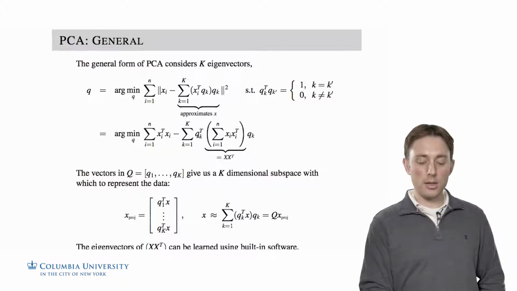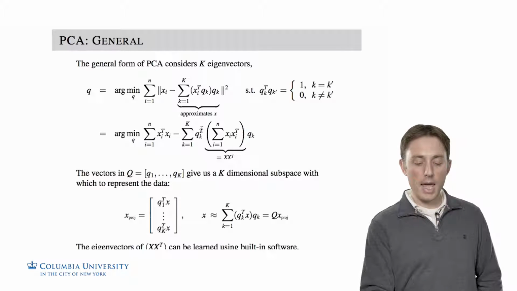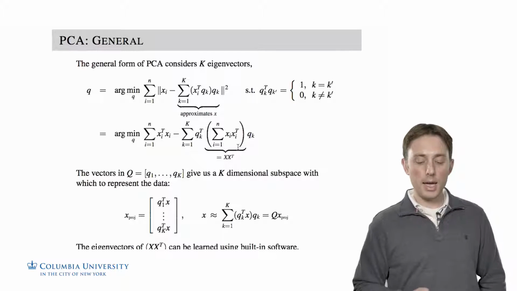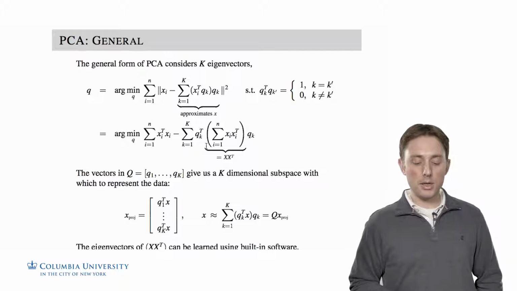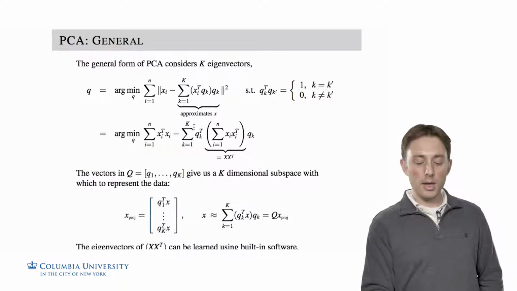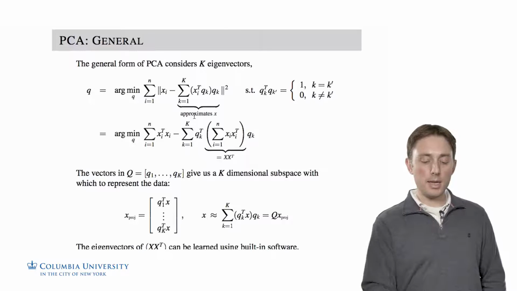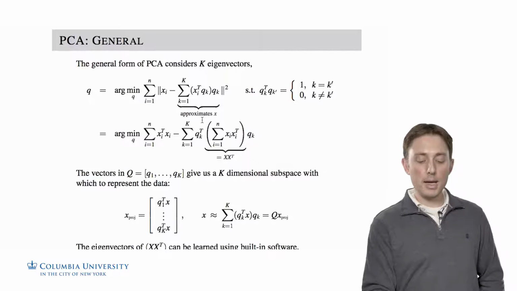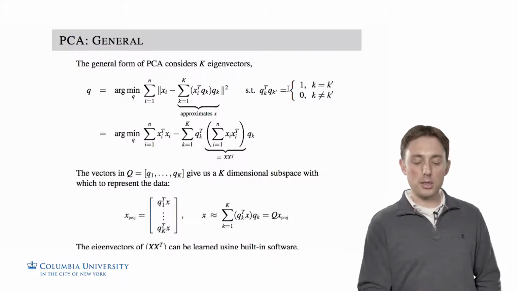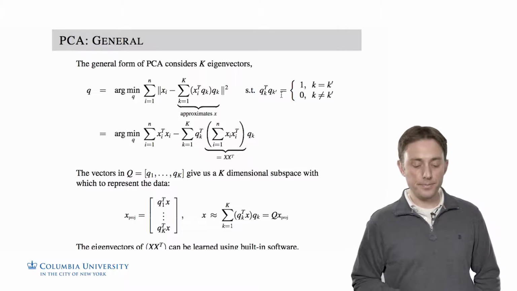Before we had one vector, so there was no sum. Now we sum the k different vectors, and we have again exactly the same matrix product here as before, and exactly the same vector matrix product here, but now we have k of them that we sum up. And so if we want to now minimize this, we can again, of course, maximize this over the k vectors q subject to these two constraints.